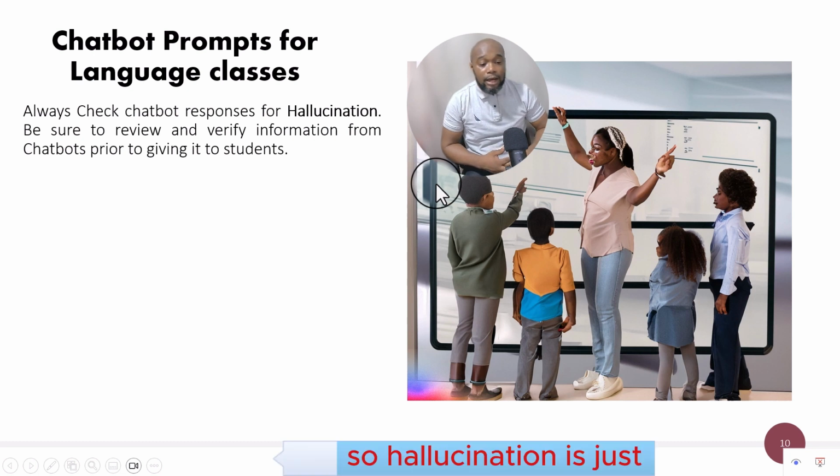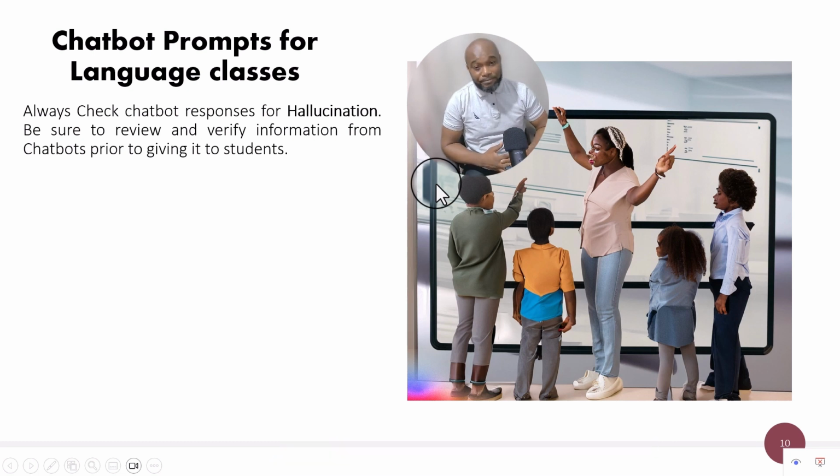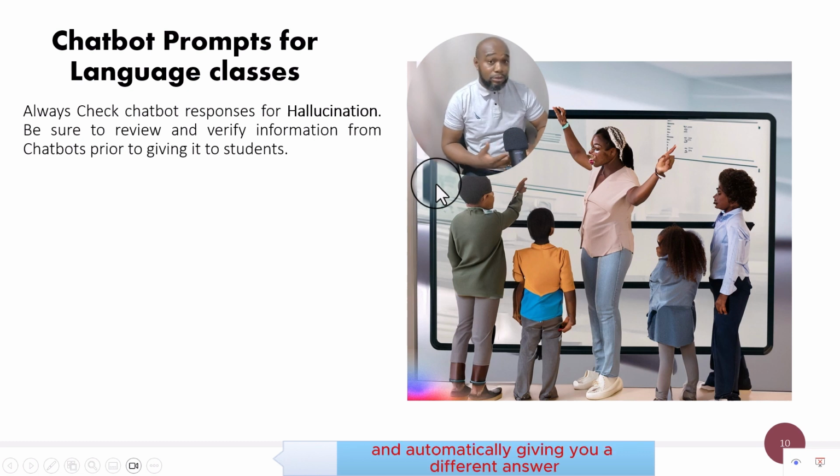So hallucination is just a term that was coined for when you type certain prompts into your chatbot and it automatically gives you a different answer that is out of point, out of context. That is hallucinating. It happens once in a while, not always. So you always need to scrutinize the responses from your teaching assistant or these AI tools or the GPTs.